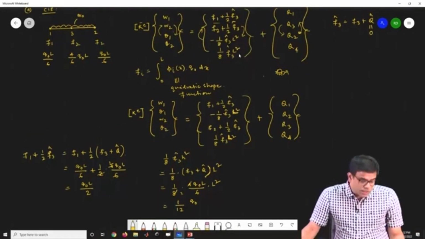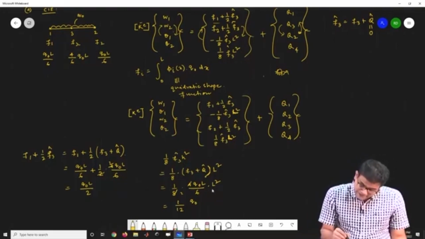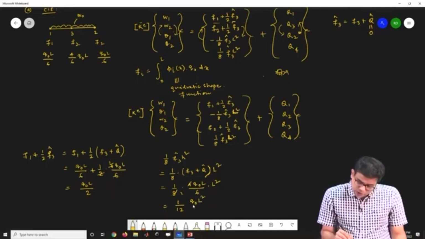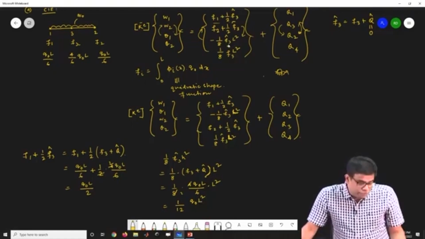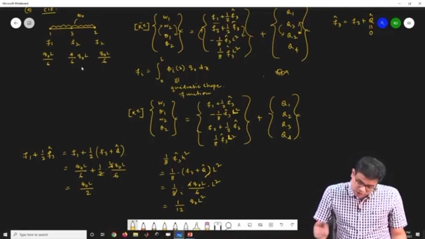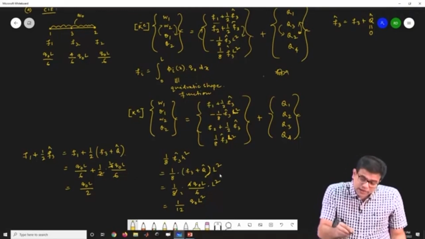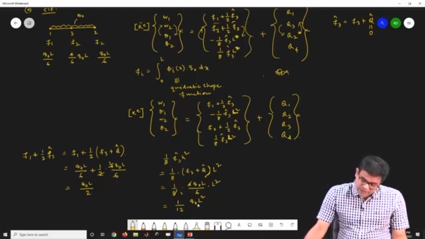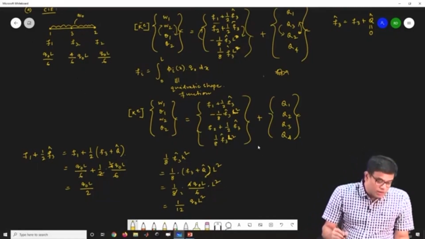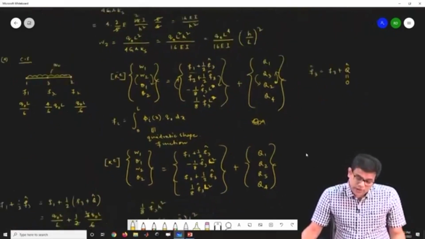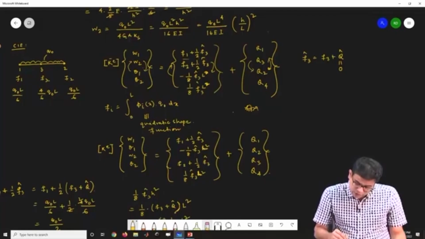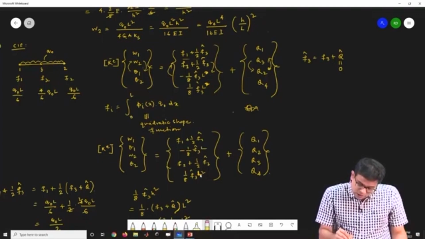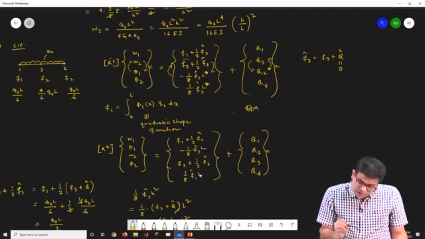If 3 is actually 4 by 6 qL, and this is half of q3 L, then it will be q0 L squared by 12. I think this is q0 L, not L squared. Okay, we have derived it earlier, so let us not derive it now. This will be L.